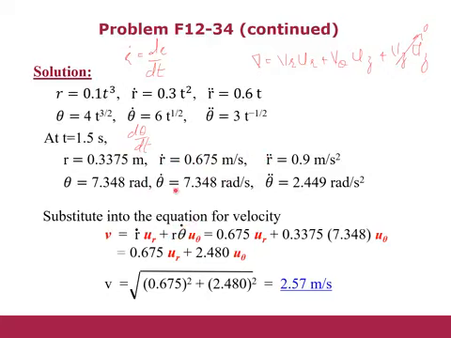You have the values which you calculated earlier, so you put in the values and you will have the velocity vector in terms of ur and u theta. To calculate the magnitude, you use the Pythagoras equation, v equals the square root of vr squared plus v theta squared. When you solve it, you will get 2.57 meters per second.